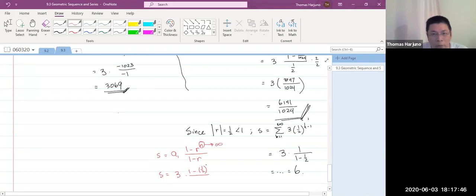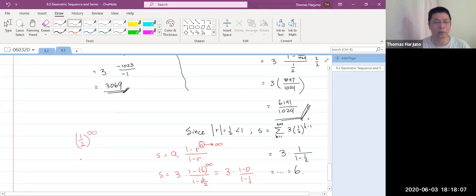Now, 1/2 to the infinity will be 0. How do we know? 1/2 to the infinity equals 0.